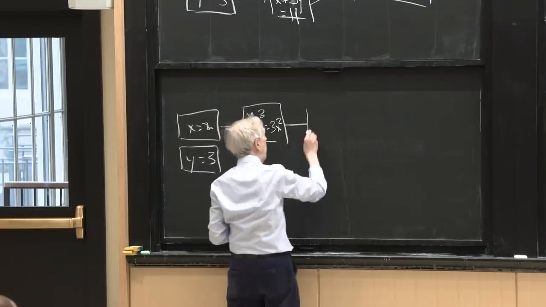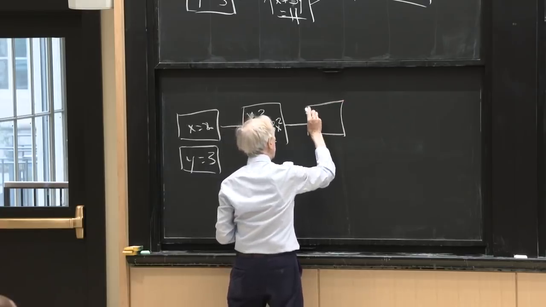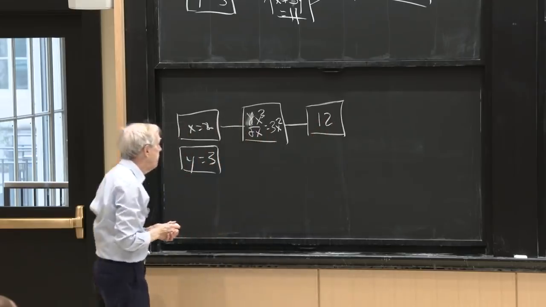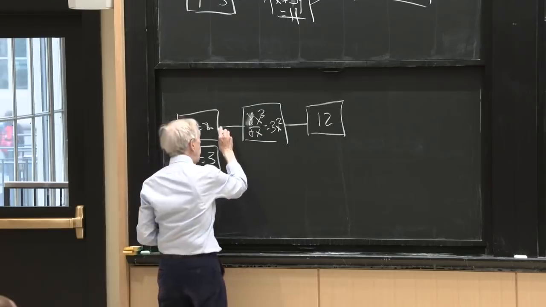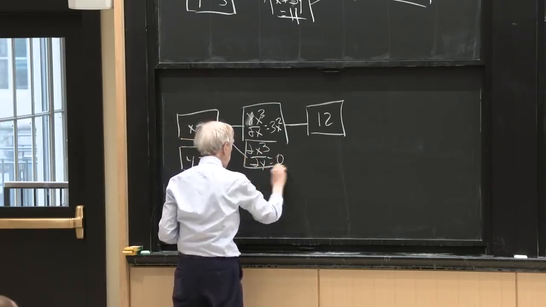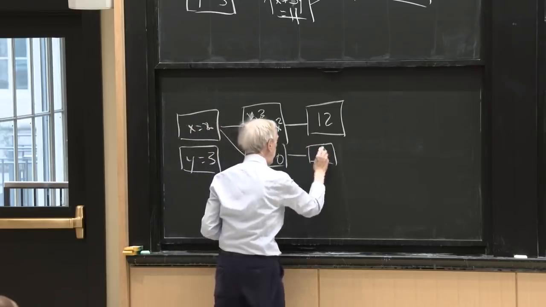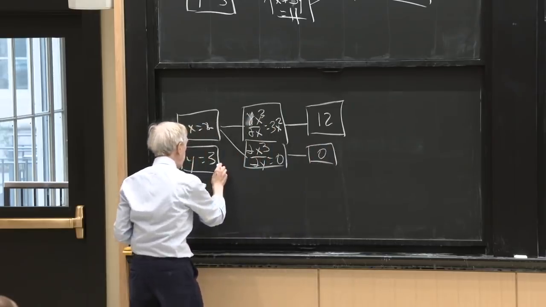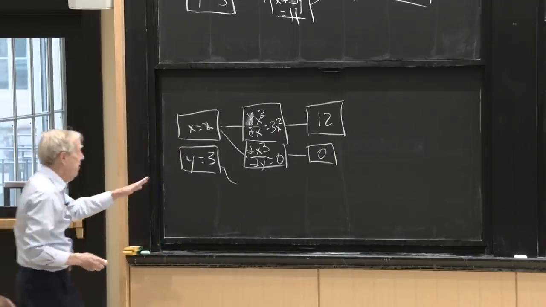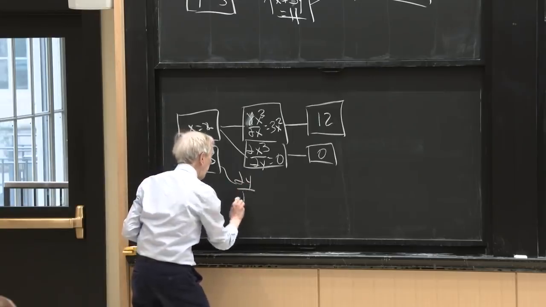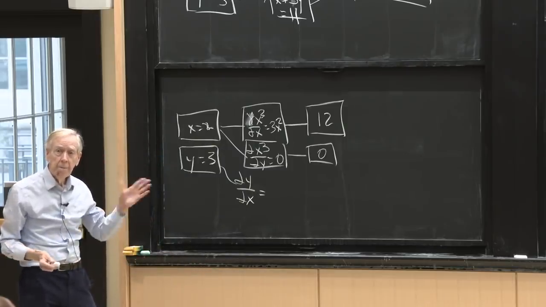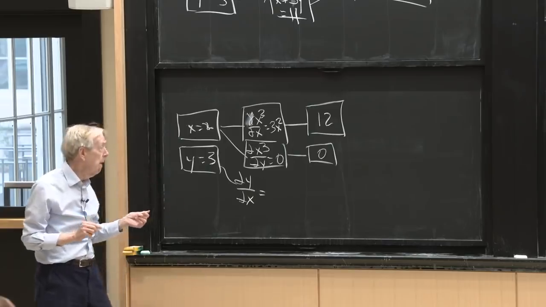That gives 3 times 4, 12. And the derivative of x cubed with respect to y gives 0. Clearly? So that's 0. And then I'm doing the x derivative. So the derivative of y with respect to x is, you get to tell me, if I'm computing partial derivatives, 0.